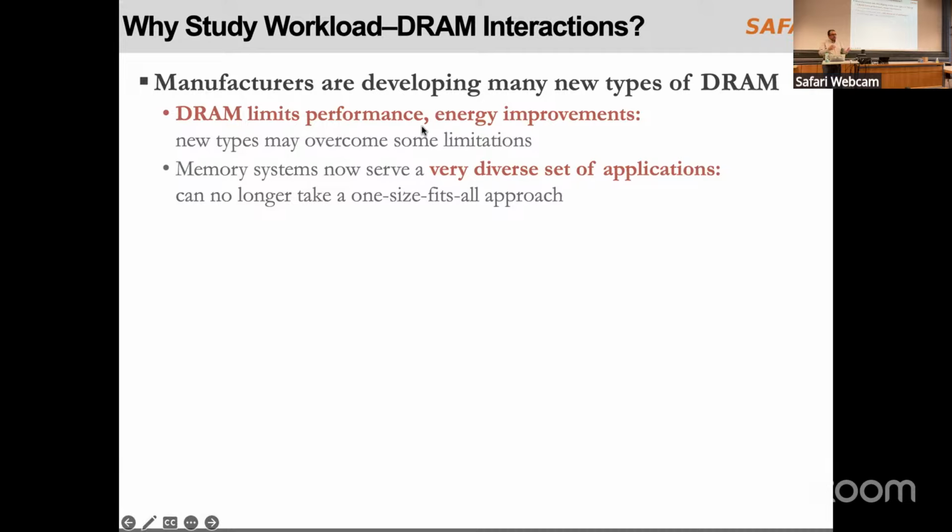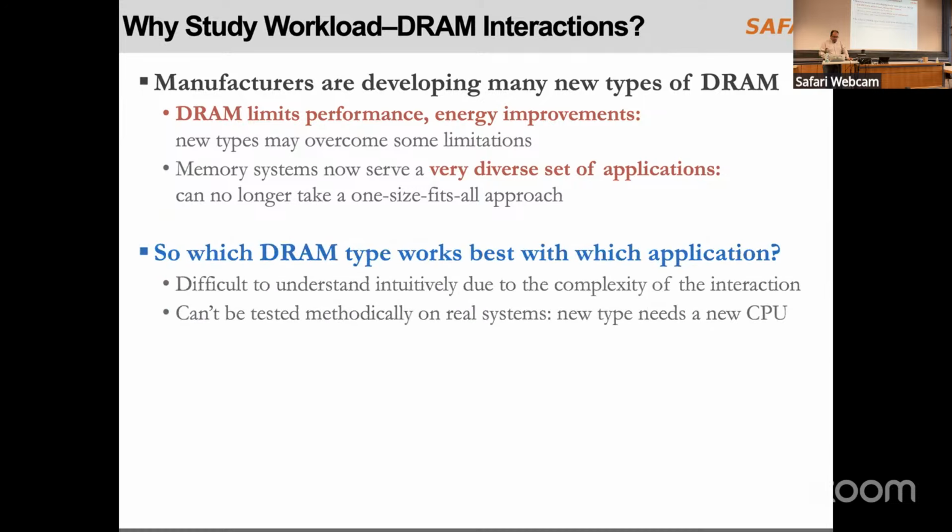But there are a lot of different types of DRAM and interfaces in the market, and essentially we wanted to see how applications would behave using different memory types and interfaces. So the question exactly is, which DRAM type works best with which application? It's difficult to understand intuitively due to the complexity of the interaction.